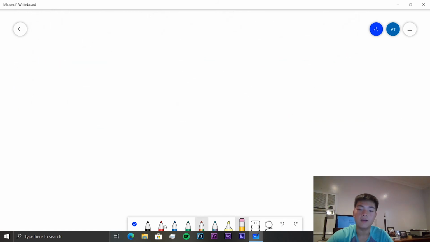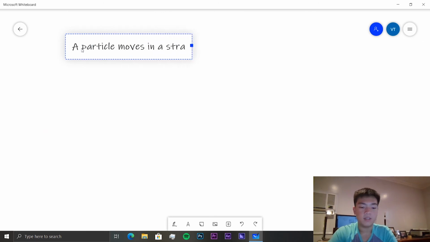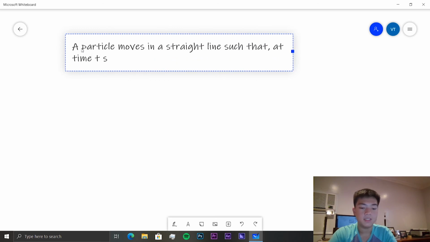Okay, next, the final question is a particle moves in a straight line such that at time t seconds, its acceleration is a of t is equal to 6 cosine t.